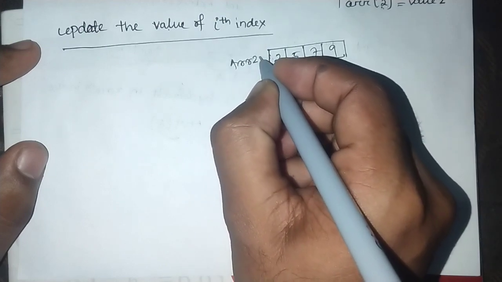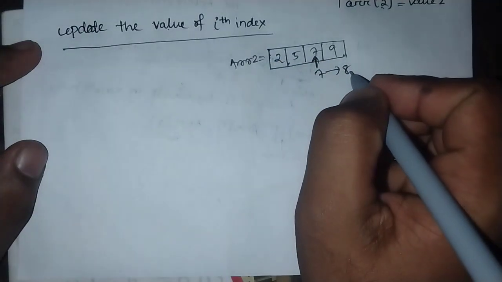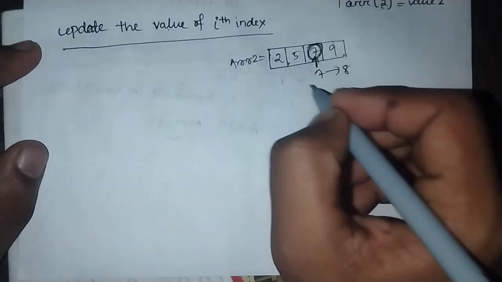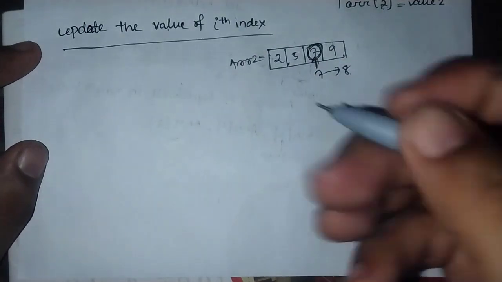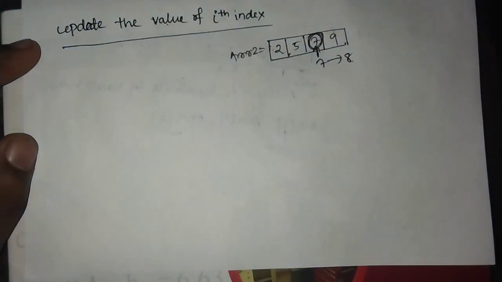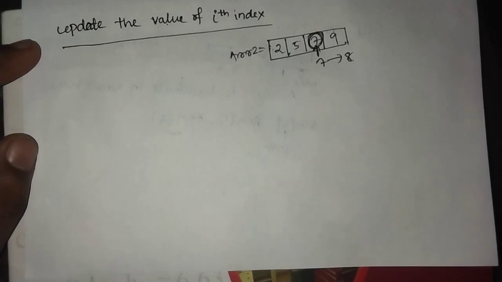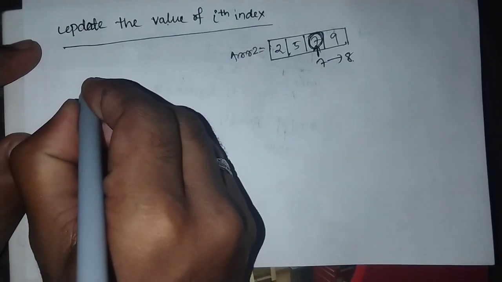Its name is arr2, and you have to change the value of this 7 to 8. To update any value if the index is given, do like this.